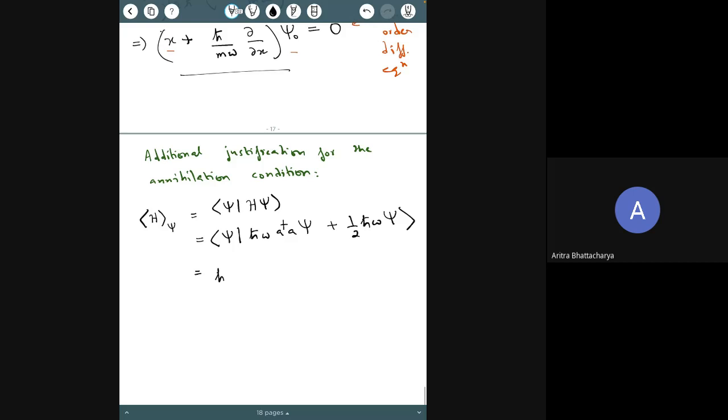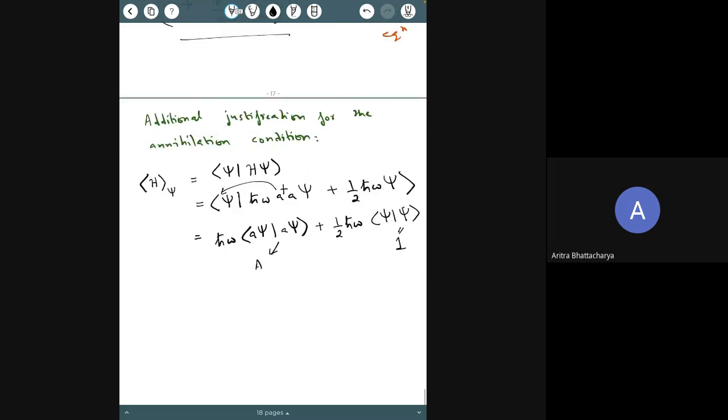Then h cross omega I can take outside. When I move A dagger to the bra function, it will become A, so I will have A psi overlap. Then half h cross omega can also come outside, and I have psi psi. This is a normalized wave function, so 1, and this is always positive.